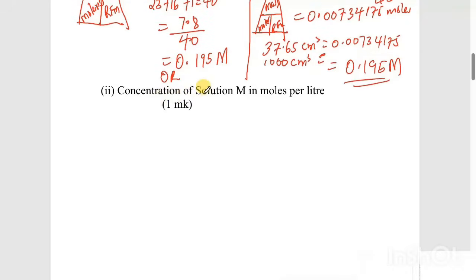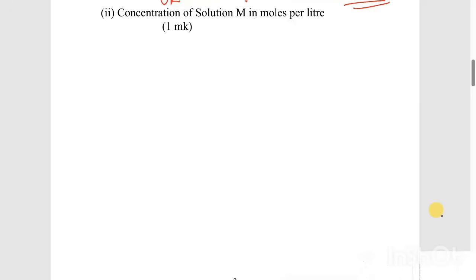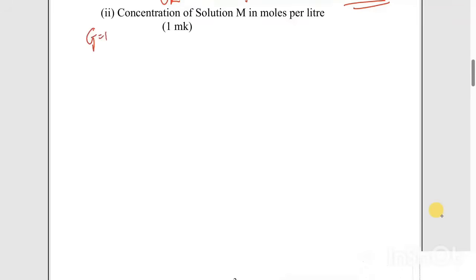So what we don't know is the concentration of solution M. So we need to get the moles of solution G. Remember G is equal to sodium hydroxide. So sodium hydroxide reacted with HCl.